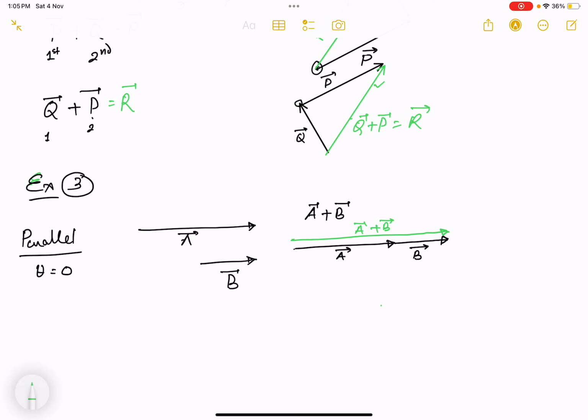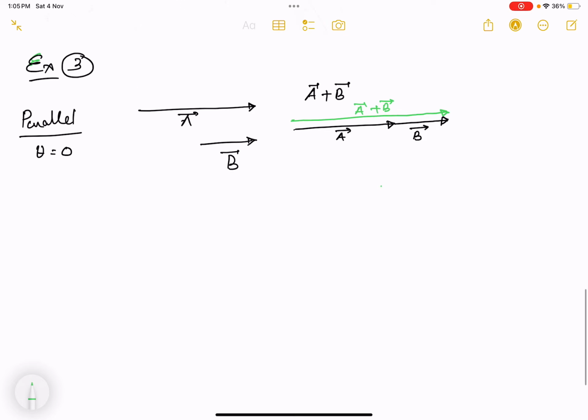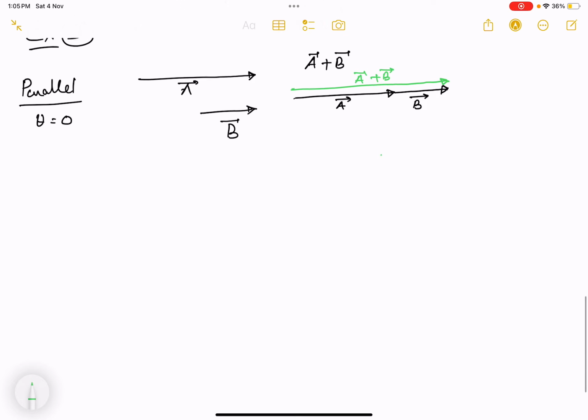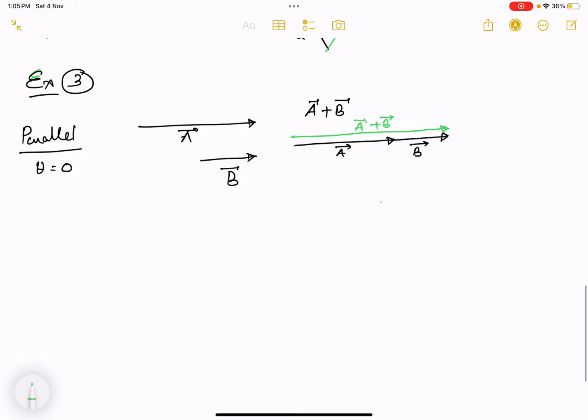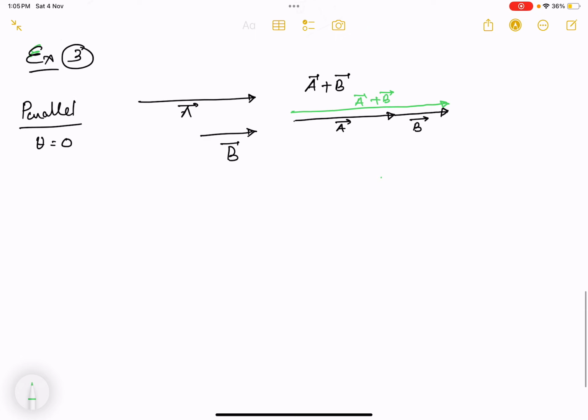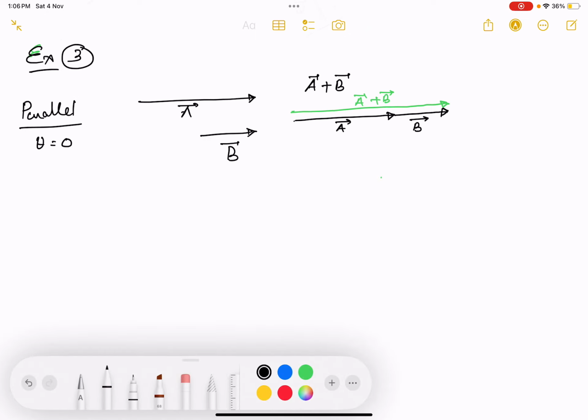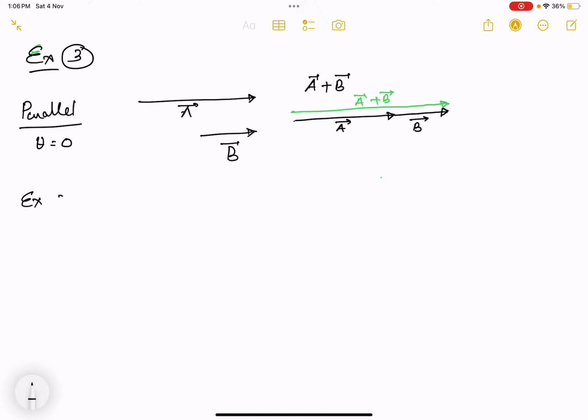You understand that? Okay, so this is all about what will happen. Very interesting case. Example 3. What will happen if they are parallel but in opposite direction?